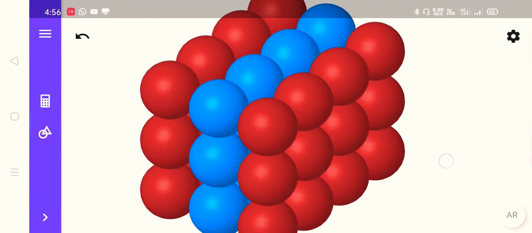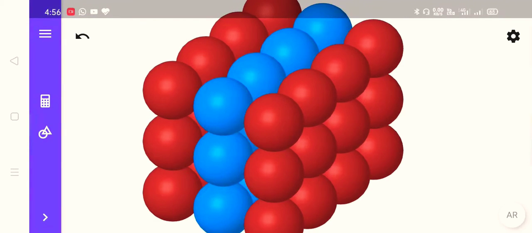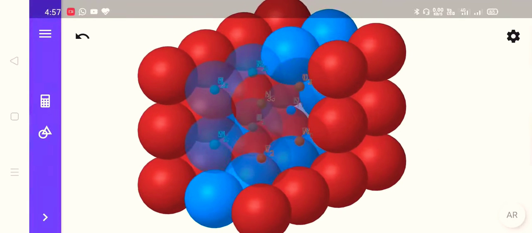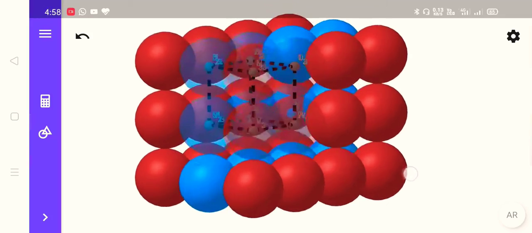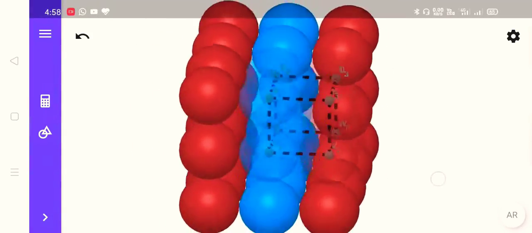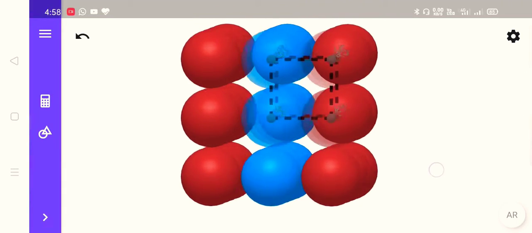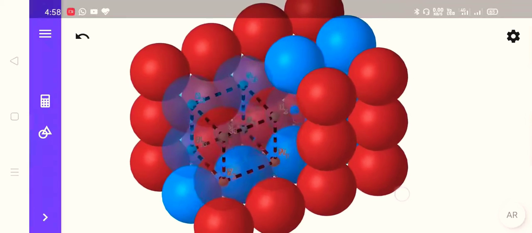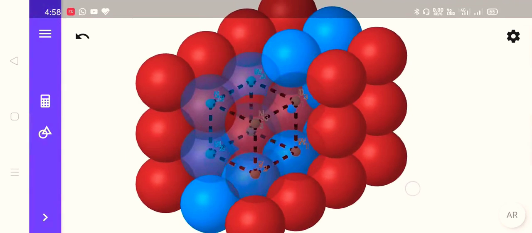Let us select the corner spheres and make them transparent, and then we will connect their centers. Now we make them transparent, and now let us connect their centers. As you can see, we have a geometrical shape here, and I think you can guess it. This is a cubic shape.